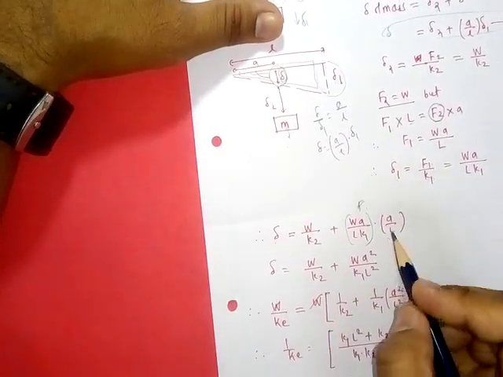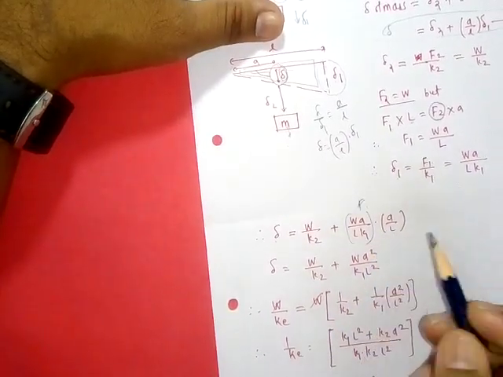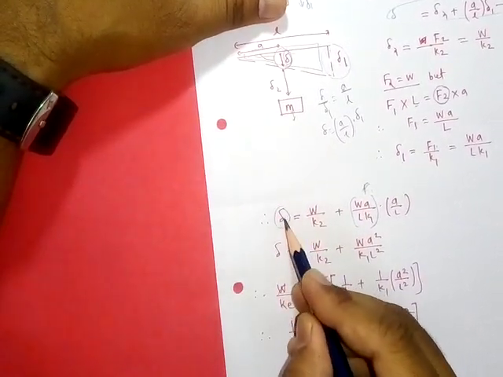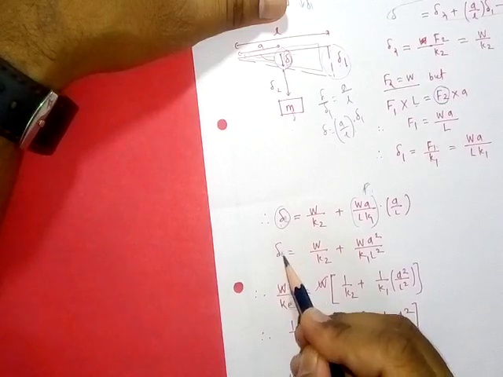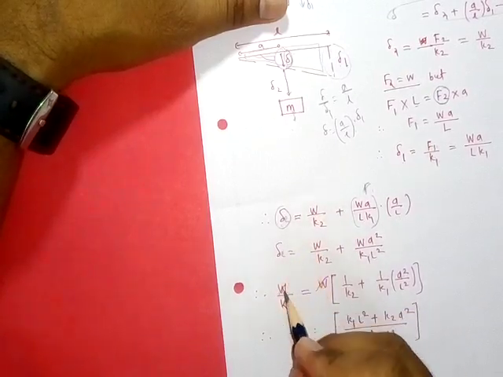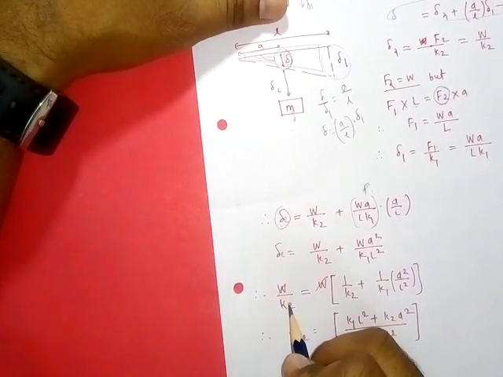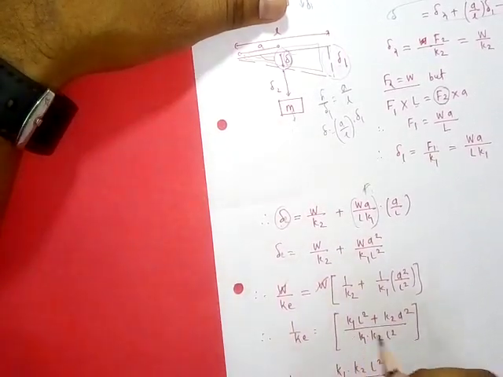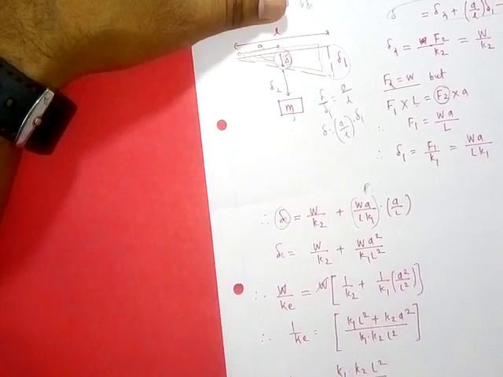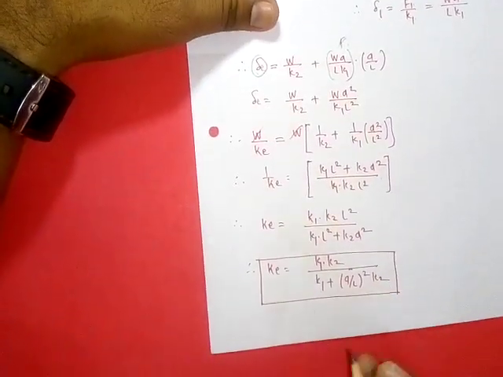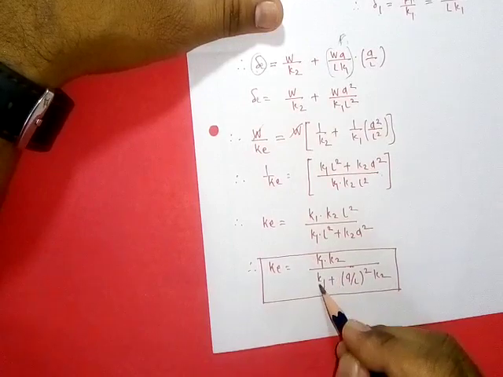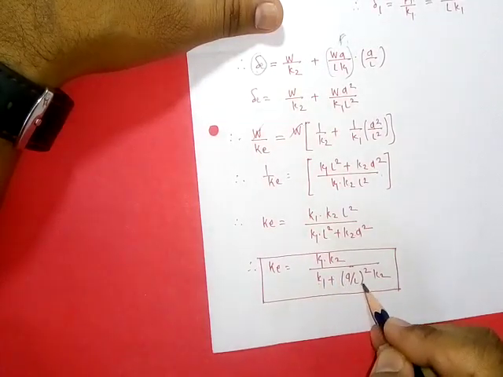Now solving this, we get del as the equivalent deformation of mass. This can be replaced by W upon Ke, and cancelling common terms we get 1 upon Ke equal to this. Arranging, finally we get the equivalent spring stiffness Ke equal to K1 K2 upon K1 plus (a upon L) square K2.